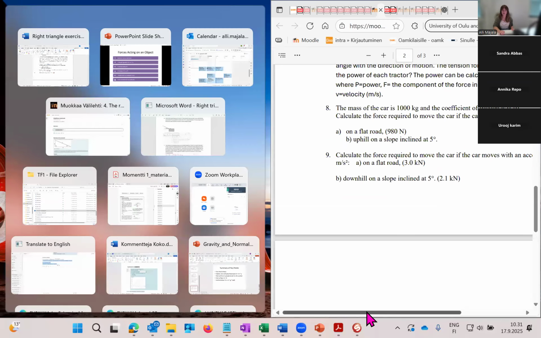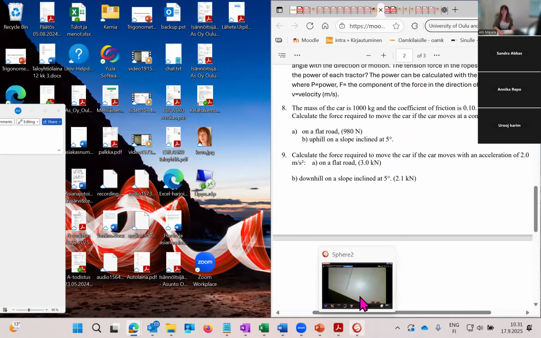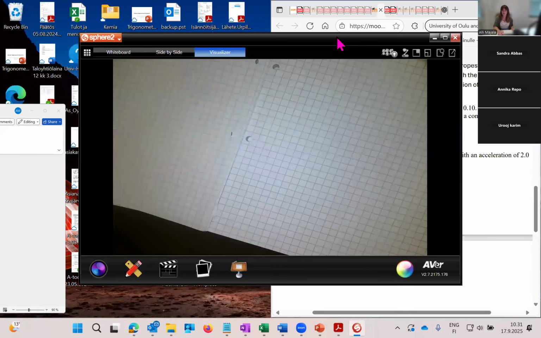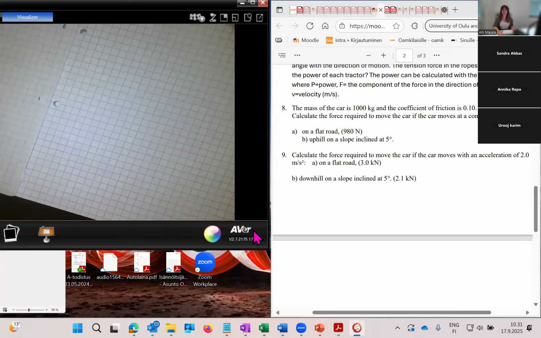So I don't wonder that maybe some of you find this familiar already. But it's also a good example of using the right angle triangle in a sort of real world. Is this the real world?